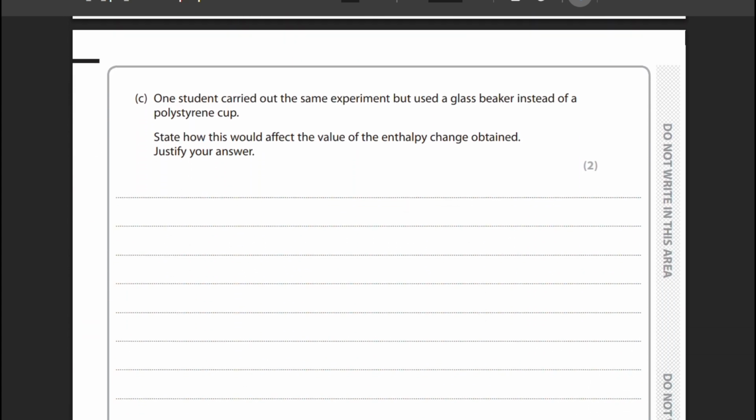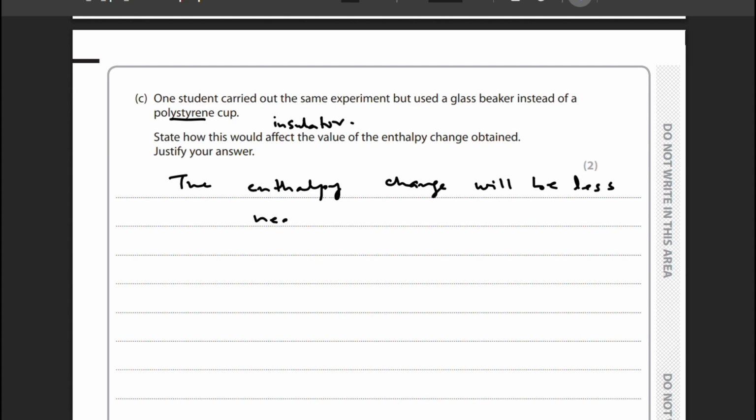Now C part, one student carried out the same experiment but used a glass beaker instead of polystyrene cup. State how this would affect the value of the enthalpy change obtained. Justify your answer. Okay, so what will happen? Because polystyrene is an insulator, the enthalpy change value will be less negative than it should be.